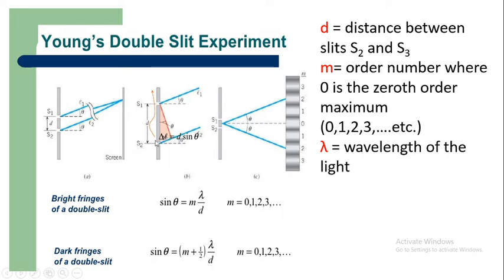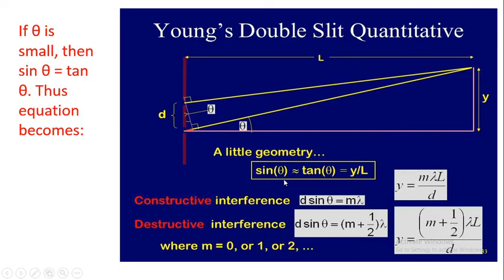To get the path difference, PD equals d sine theta. So for constructive interference, d sine theta equals m lambda, and for the dark fringes, d sine theta equals m plus 1/2 lambda.